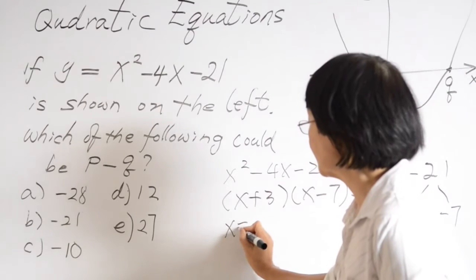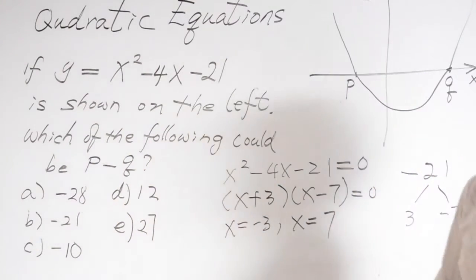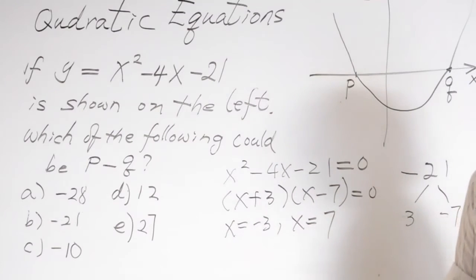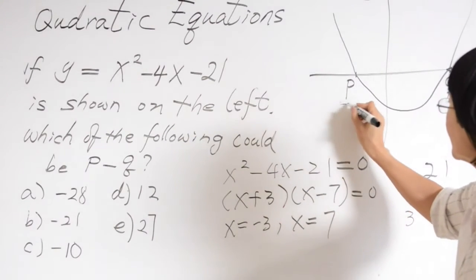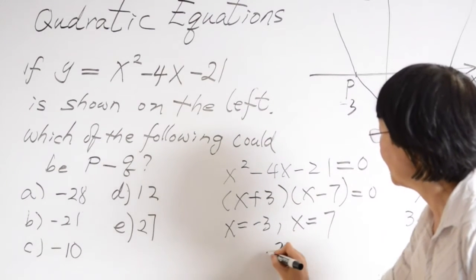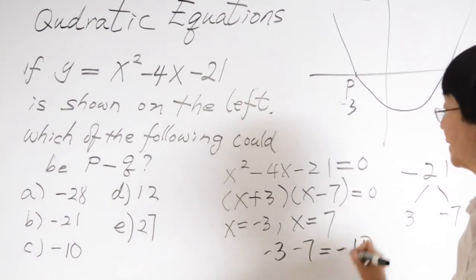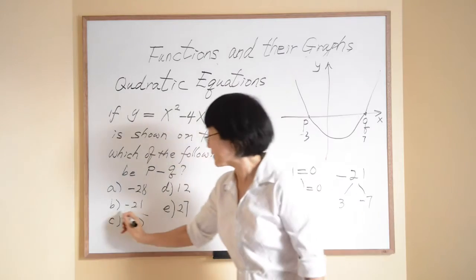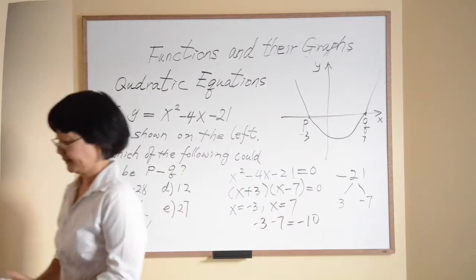And x is equal to minus 3, and x is equal to positive 7. Right? Now, they want p minus q, so your p is minus 3, your q is 7. So minus 3 minus 7 gives you minus 10. So right away, this is the answer. Okay? Let's see the next example.